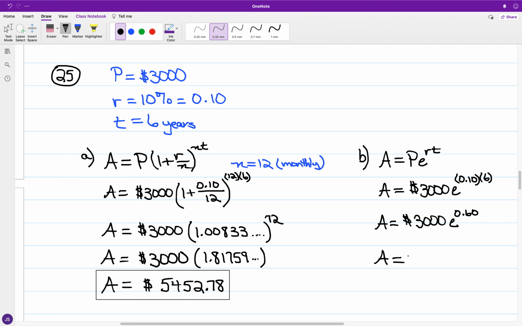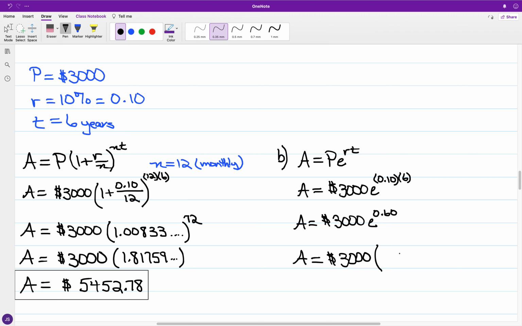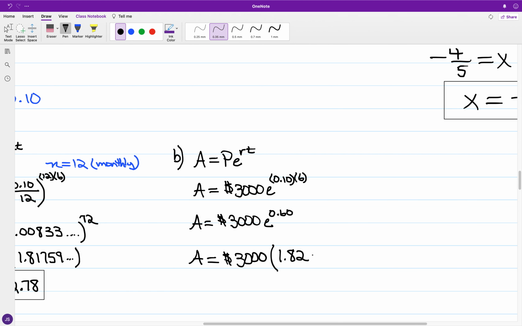Again, e is 2.718. And for e to the 0.6, this figure is also slightly over 1.8. Here we have right at 1.822118, carrying the decimal fully out and multiplying by $3,000.